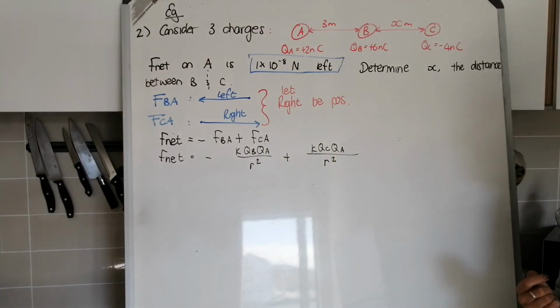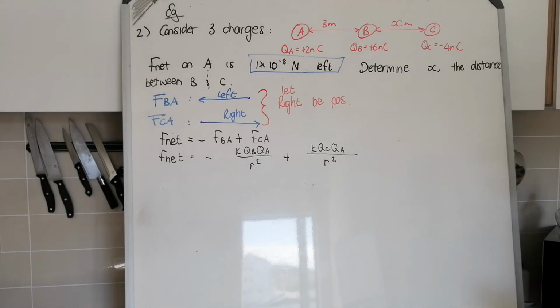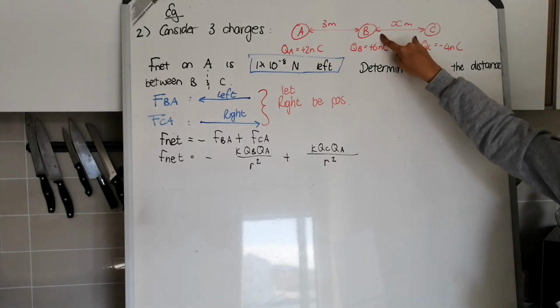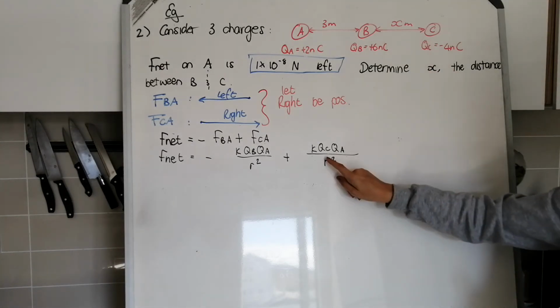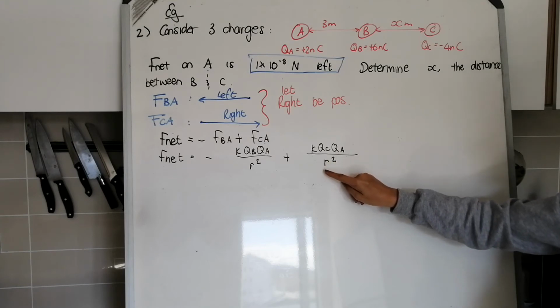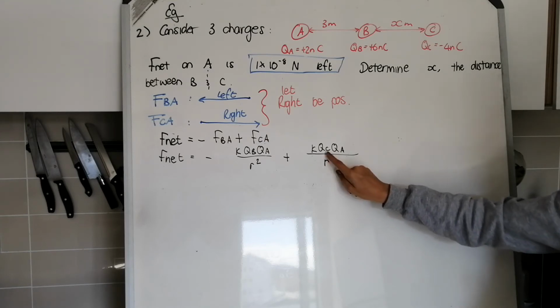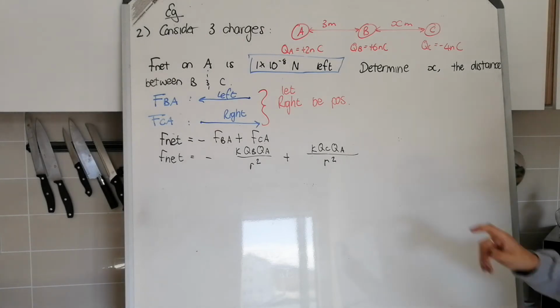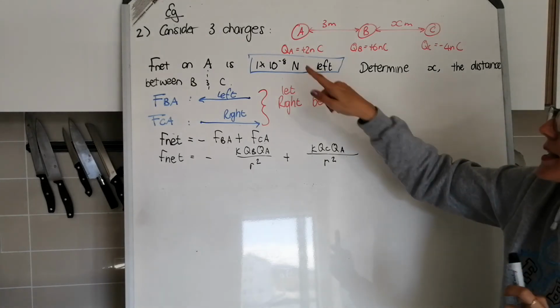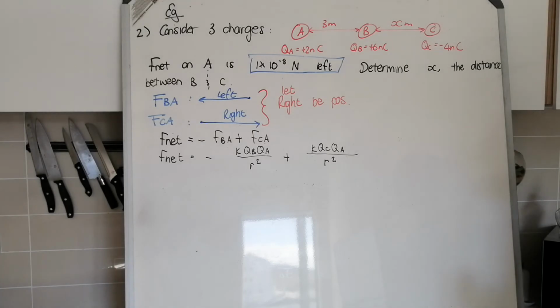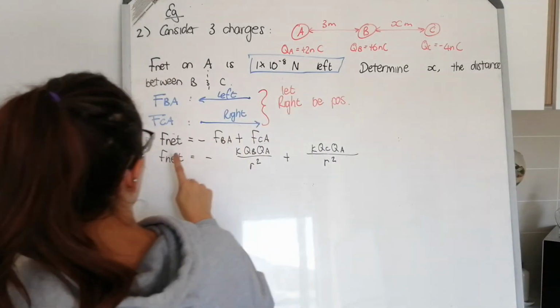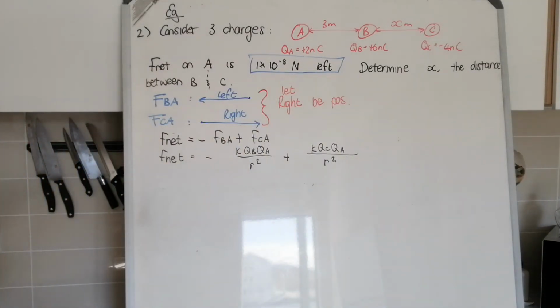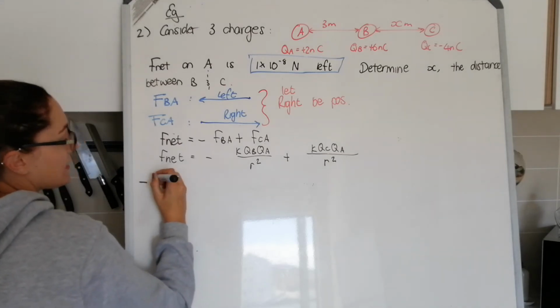Okay. Now we substitute in what we know. Now we don't know this distance. We don't know the distance from B to C. This R over here, it's going to affect this R over here. But we do know one thing. We know that the net force on A is 1 times 10 to the negative 8 left. So we can substitute this in for F net, and it's left, which means I'm subbing in a negative number.